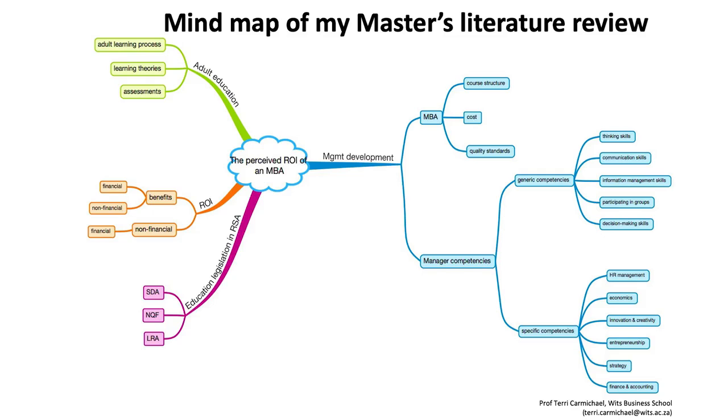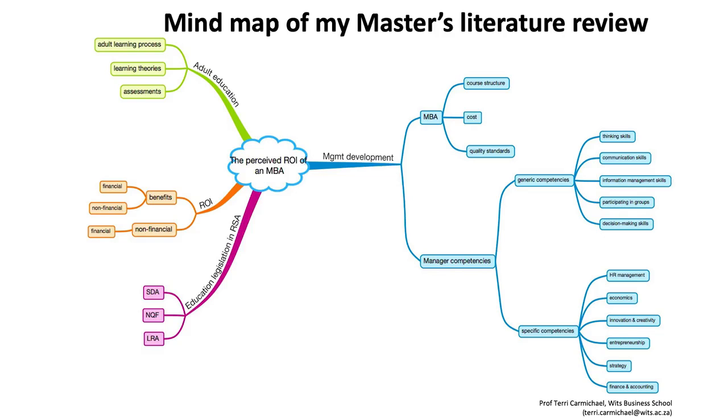And they included the concepts of adult education, return on investment. I needed to look at the education legislation in South Africa. And the main thing was management development as a concept. There were others, but for the purpose of illustration, I just captured those four here.